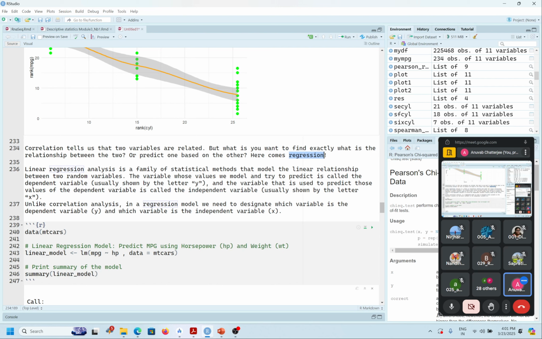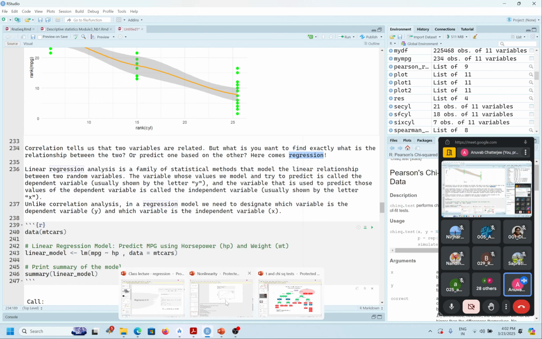In correlation, you are just correlating them. You are like, yes, this increases, this increases, this increases, this decreases. But in regression, there needs to be a solid relationship that you know beforehand, and you want to figure out that solid relationship. So in this case, essentially I will show you what this looks like.